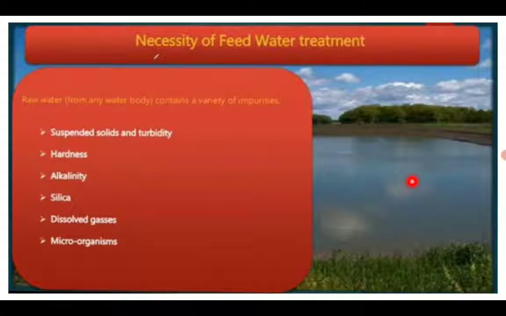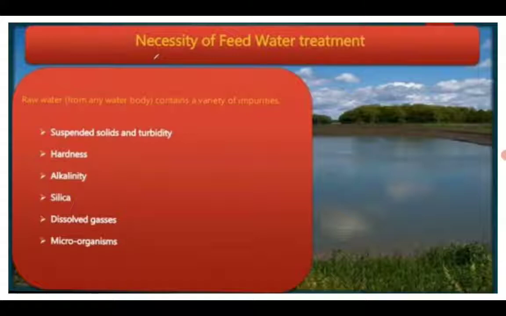While doing this, the raw water from any water body contains a variety of impurities such as suspended solids and turbidity. Turbidity means, I told you, silica materials, so small sand type of materials which is easily found in the lakes.